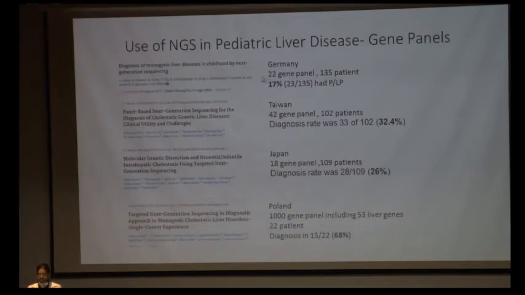We see there are a number of studies from different countries around the world, and they have reported diagnostic rates ranging from 17% to 68%. One factor you can see is that as the size of the gene panel increases, the diagnostic rate also tends to increase, because as we include more genes, we are increasing the sensitivity of the test.